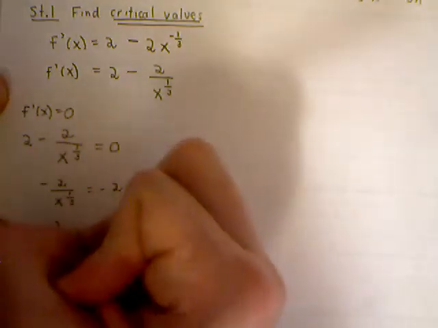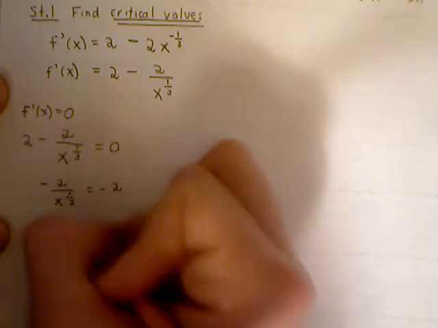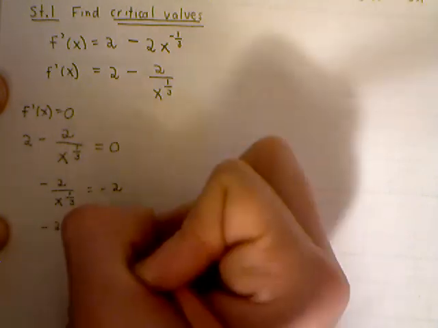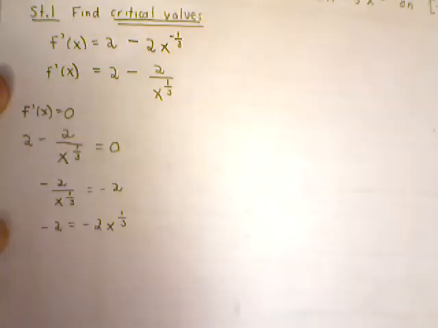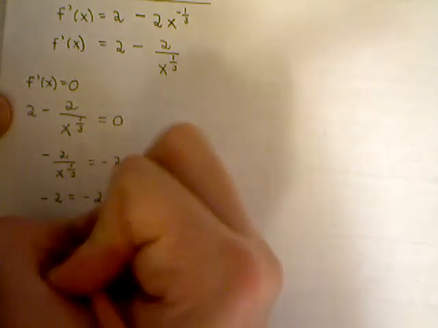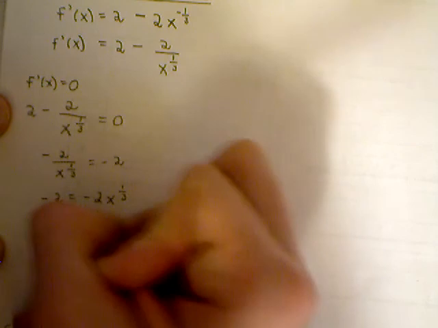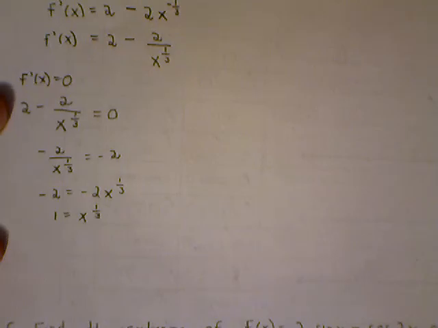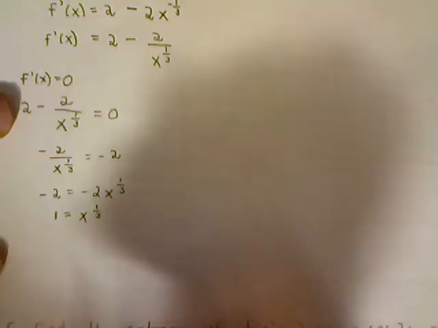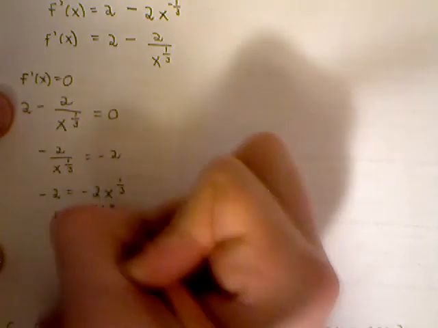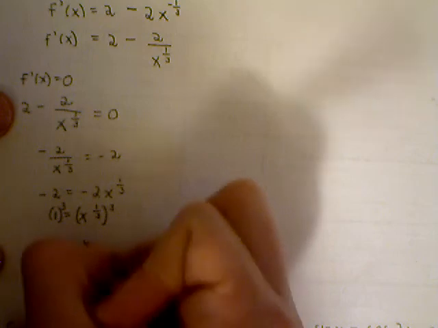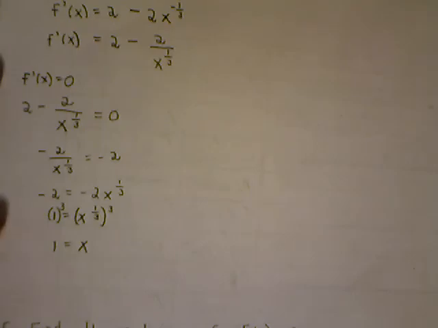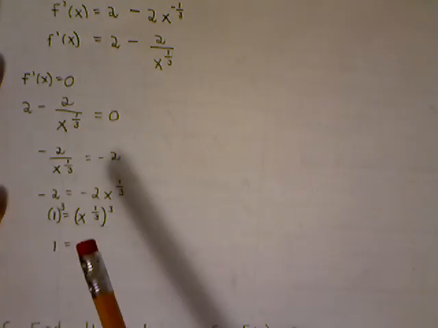So I have -2 equals -2x to the 1/3. Divide both sides by -2. Then to undo the 1/3 power, I can raise both sides to the 3rd power. So I have 1 equals x. So x equals 1. That takes care of one of our critical values.